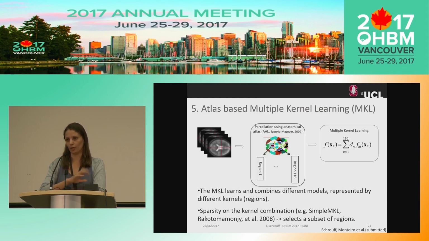Those two processes, building a model per region and building a model that combines all those local boundaries, are updating one another. So they're not independent things. It's not the same as building a single model for each region. And you can enforce sparsity.